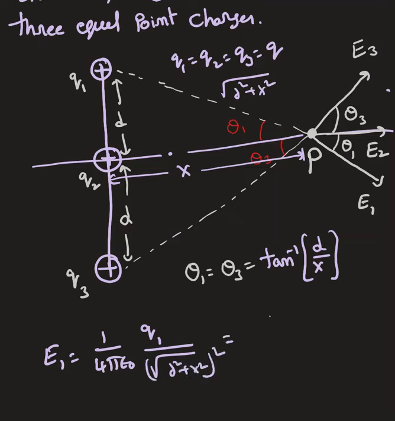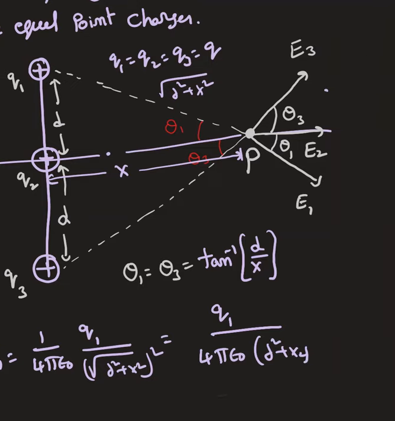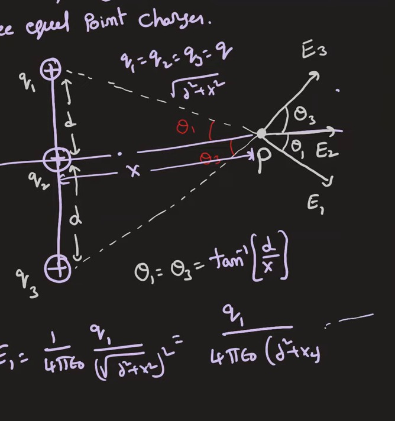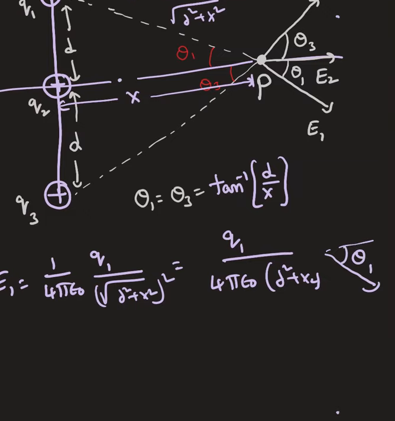So this is nothing but Q1 over 4 pi epsilon naught times d square plus x square, and that electric field is going down with an angle theta 1, where theta 1 is tan inverse of d over x.